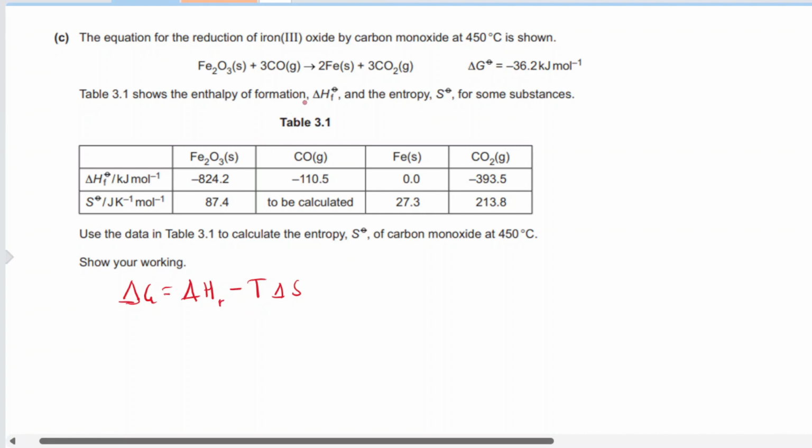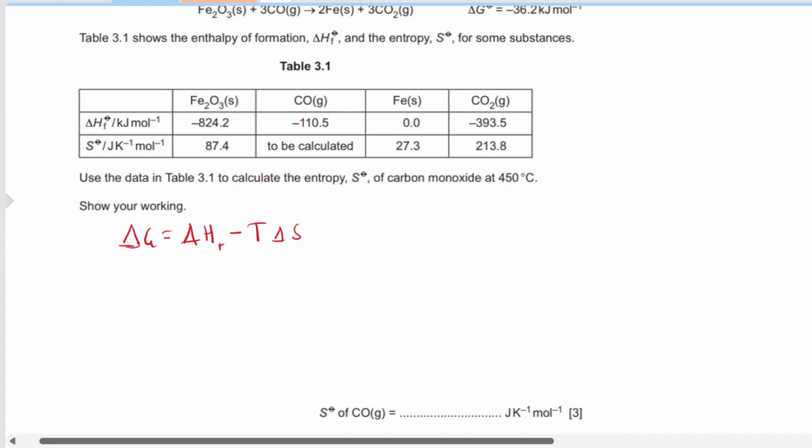We are given the enthalpy changes of formation values, which we can then use to find the enthalpy change of reaction. And delta S over here is the difference between the entropy of the products and the entropy of the reactants. So delta S equals delta S of products minus delta S of reactants. And we have the temperature given as 450 degrees centigrade, but obviously we have to convert this into Kelvin.